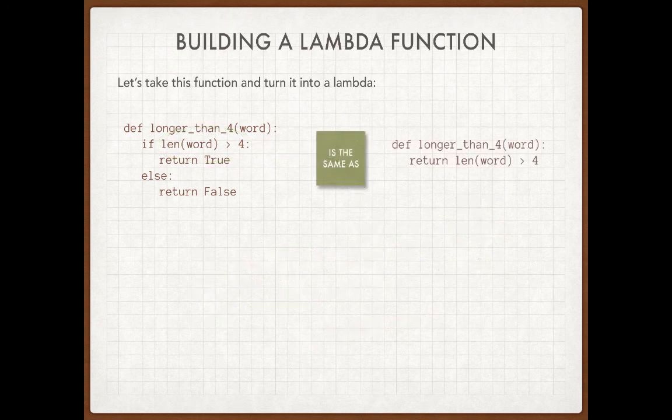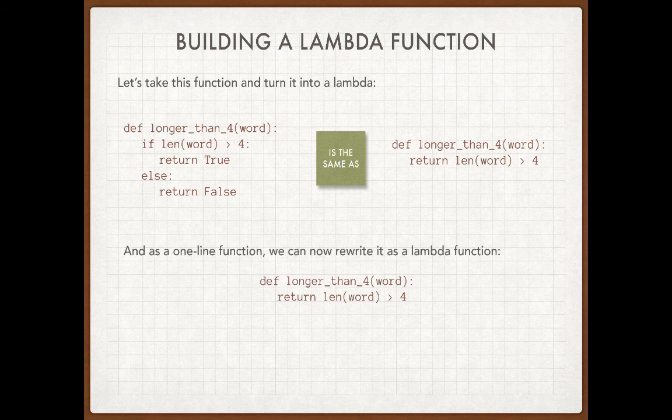And so if I take that longer one, that is a long if-else statement, I can actually boil it down, and I can say, well, longer than 4 really only needs to return the len of word greater than 4, because that's an expression that will simplify into a Boolean true or false. And that means we can write it as a lambda. And we already know how to do that, right?